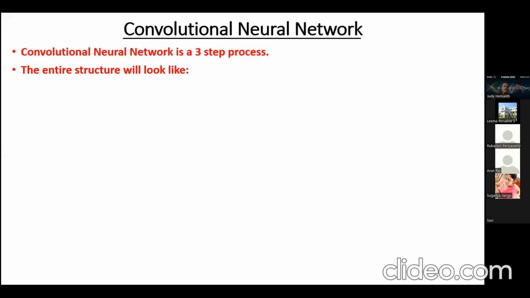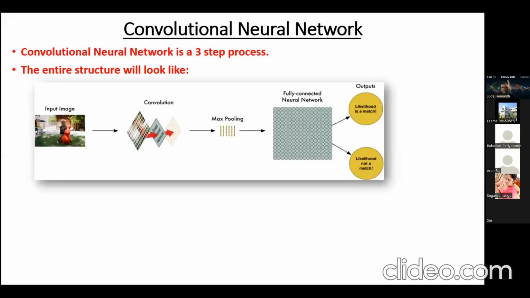So let us see the complete convolutional neural network. In the process, you have an input image or an input data where you need to identify something based on your application. Here we are saying that we want to identify the child. So you have three stages in CNN. First one is convolution, as we saw just now. The second one is called max pooling. And the third one is our normal neural network.